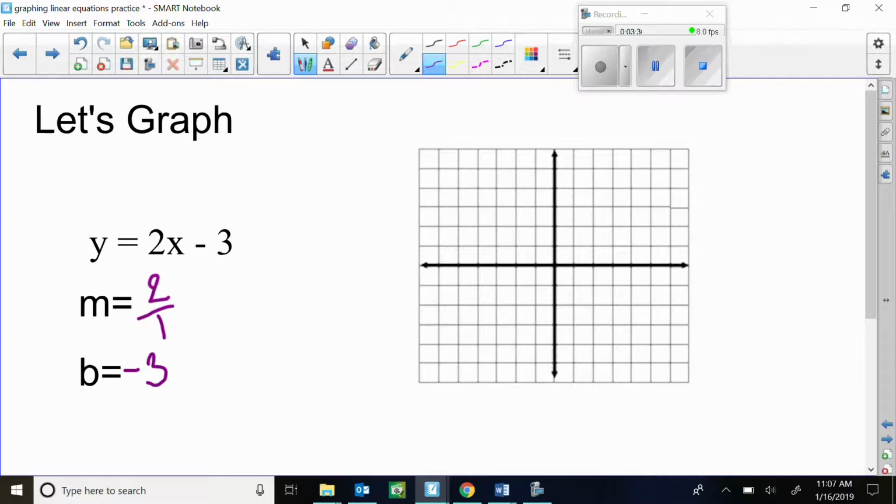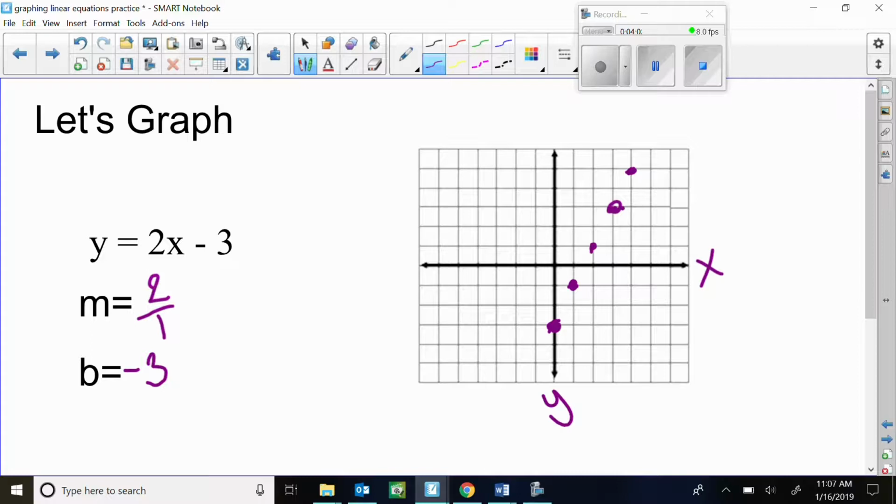So I need to start, remember I have my y-axis and my x. I'm always going to start at my y-intercept, at my b. So I'm going to go to negative 3, I'm going to put it up. My slope is 2 over 1, so it's positive, so I'm going to go up 2 and to the right 1. And I'm going to do that several times just so that way I can get a good line.